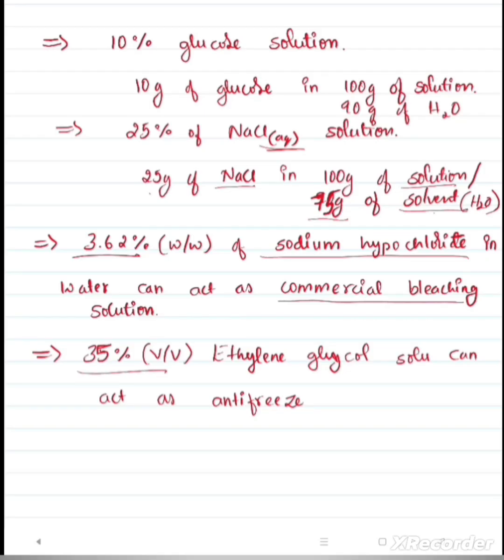That is, 35% of ethylene glycol acts as antifreeze. Anything they may ask in the MCQ. Okay, remember these 4 points are also important from concentration terms.